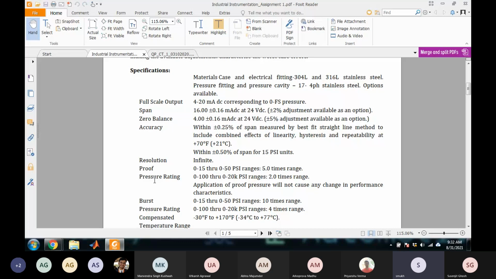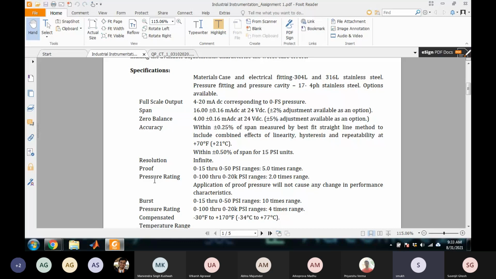Then with respect to that straight line, I'm slightly changing the definition, because otherwise the best fit straight line will depend on calibration data. But I am assuming that if we have adjustment available, then the best fit straight line goes through 4 and 20. Then the nonlinearity is given within plus minus 0.25% of span. So what is the maximum error from this straight line at any point?